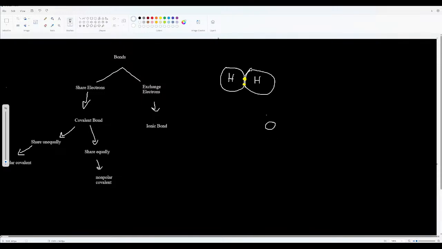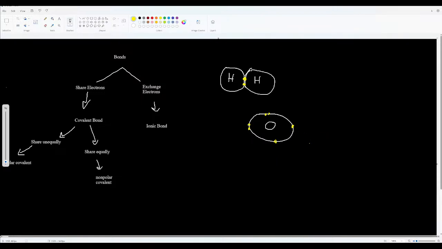It has 6 valence electrons. So remember, we count 1, 2, 3, 4, and then 5, 6. So yeah, we have 2 unoccupied spaces in which we could bond.